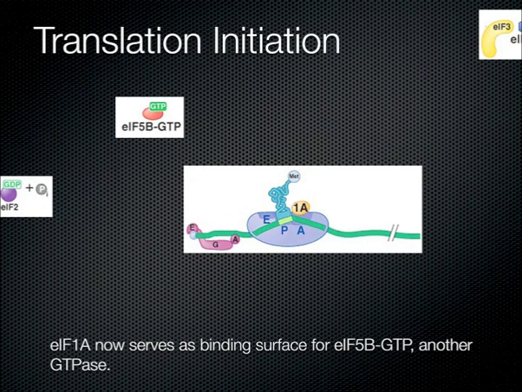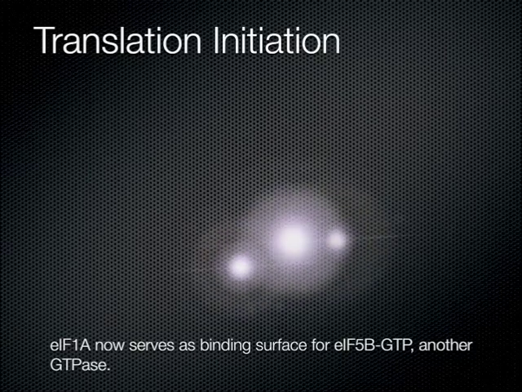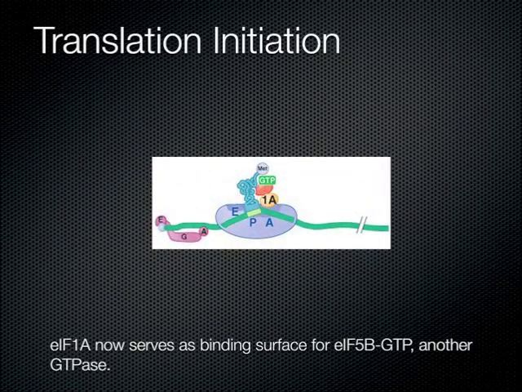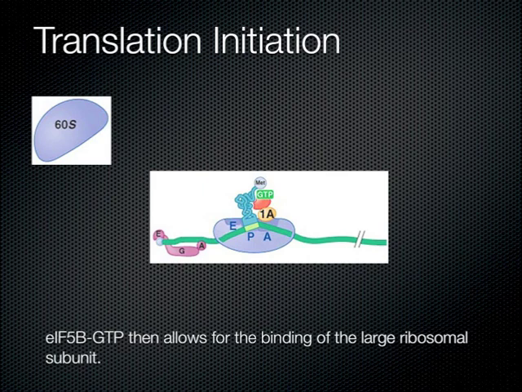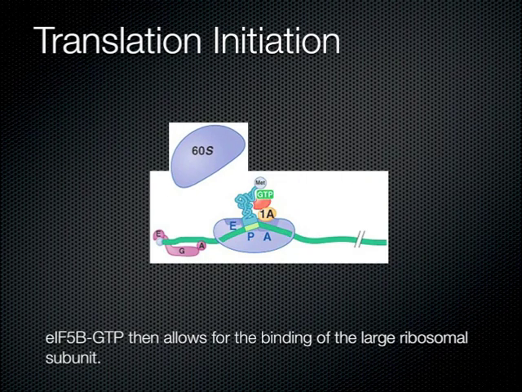EIF1A now serves as a binding surface for EIF5B GTP, which is another GTPase. EIF5B GTP then allows for the binding of the large ribosomal subunit.